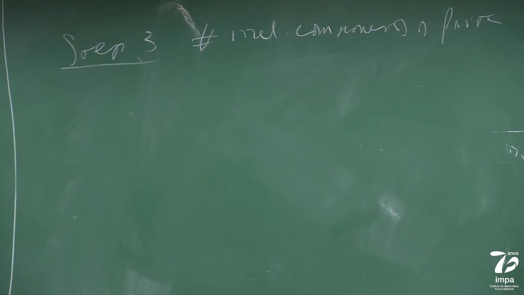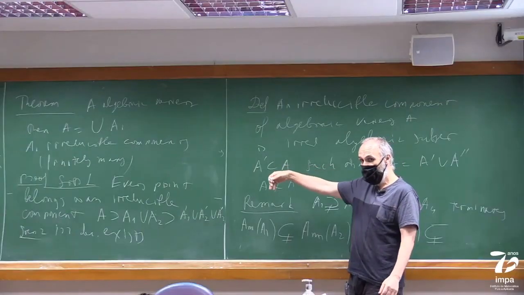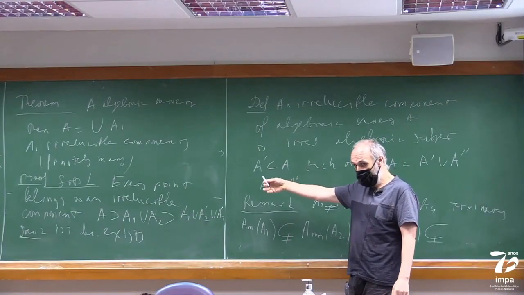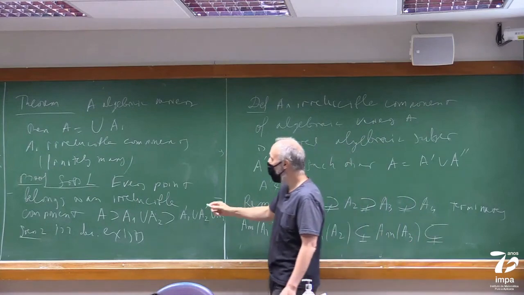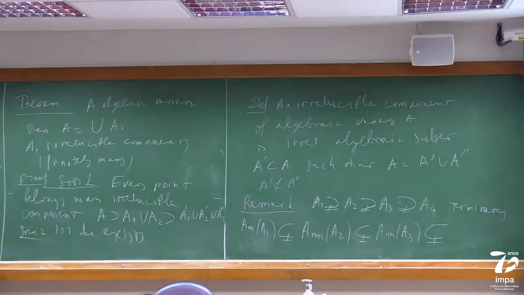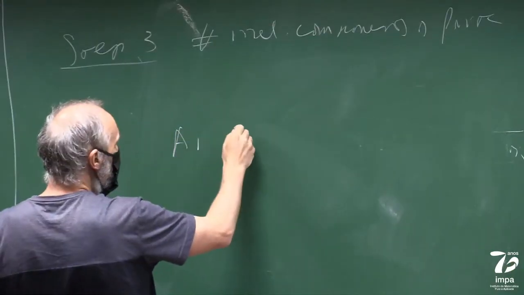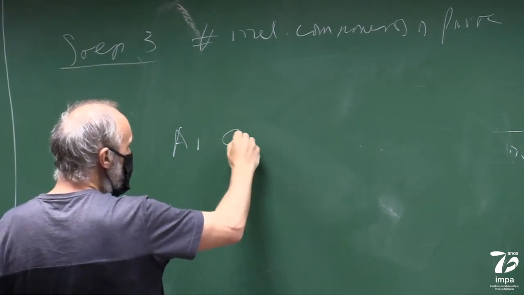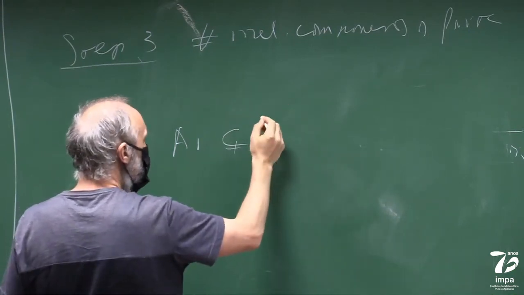No, because a point cannot be an irreducible component, since a component is a variety which doesn't belong to other varieties. Each component AI doesn't belong to the union of the rest.